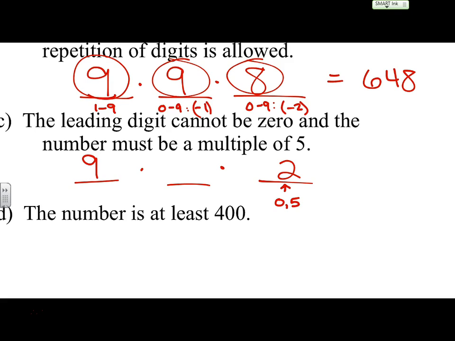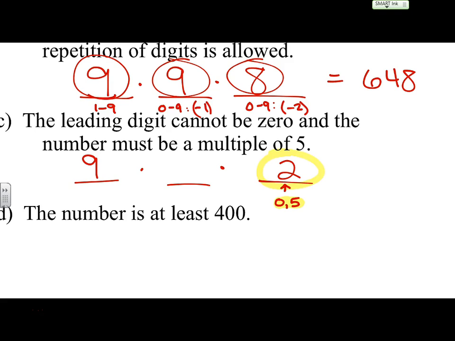Does it matter what's in the 10s digit for these restrictions? In the 1s digit of a 3-digit number, in order to be a multiple of 5, doesn't the number need to end in 0 or 5? So this last number can only be a 0 or a 5. There are only 2 options that are legal.